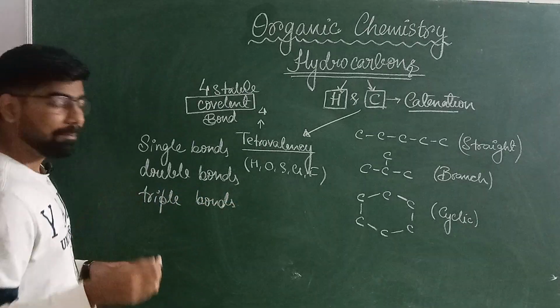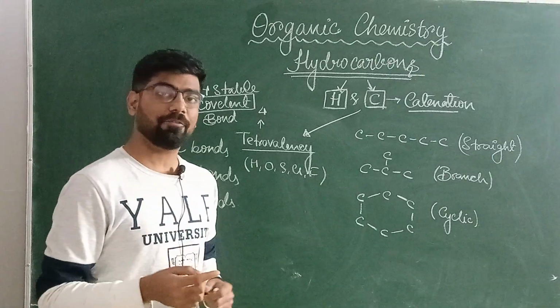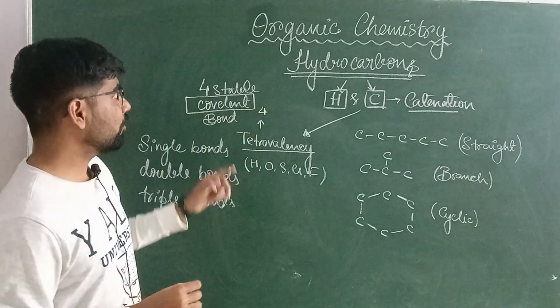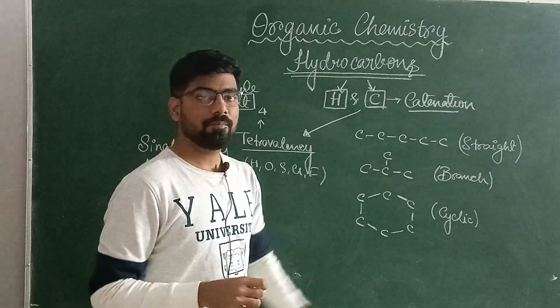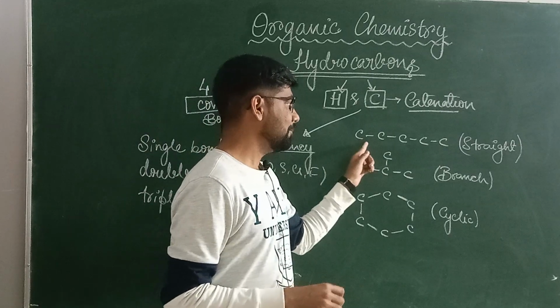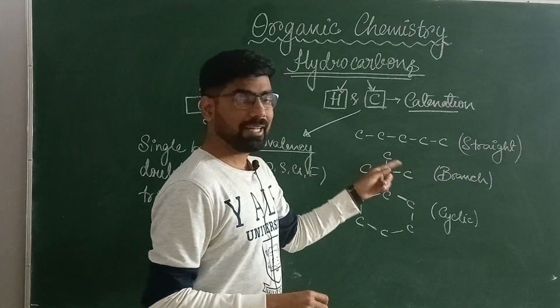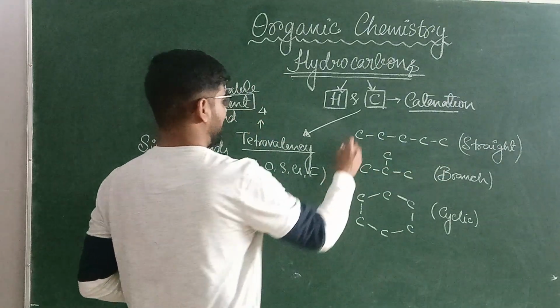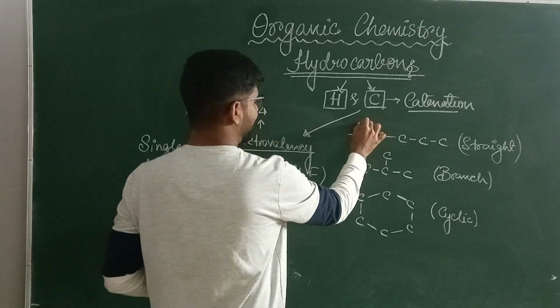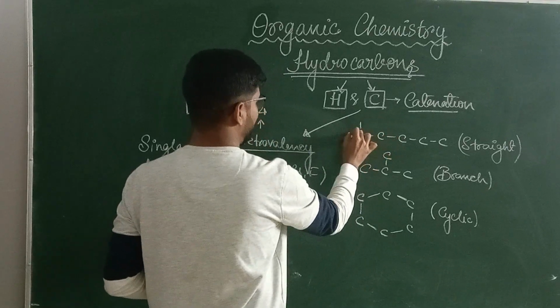These properties make carbon so unique that we have particularly dedicated a branch of chemistry based on the properties of carbon, right? Now you can see that I have drawn the chain, but I have not drawn the tetravalency. So let's complete the tetravalency. See, carbon is making 1 bond, 2 bond, 3 bond, 4 bond.